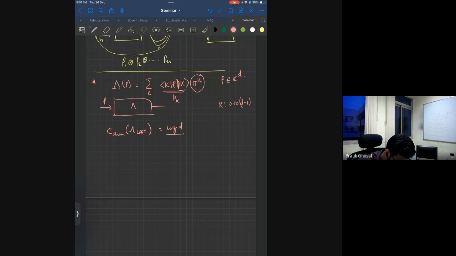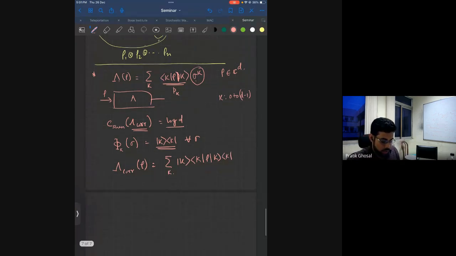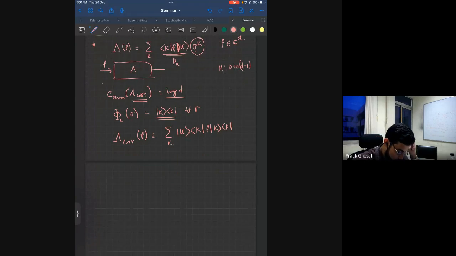And for getting this corrected channel, the optimal choice of recovery map or the correction map is, for all sigma, you take the prepare map. Like for all states you prepare this K state. So after all, the lambda corrected will look like this. So you actually have all the K symbols, and for this, full classical information retrieval is possible.